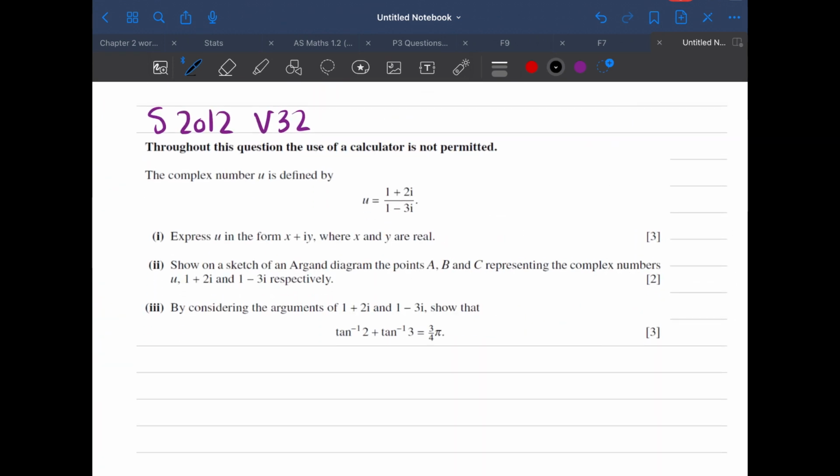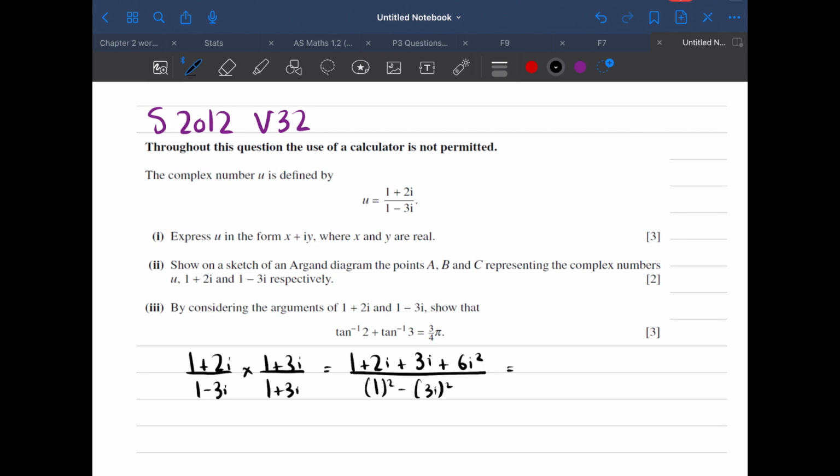So in the first part, you need to find u. How will I do that? 1 plus 2 iota divided by 1 minus 3 iota. So multiply by 1 plus 3i divided by 1 plus 3i. So it's going to be 1 plus 2i plus 3i plus 6i square divided by 1 square minus (3i) whole square.